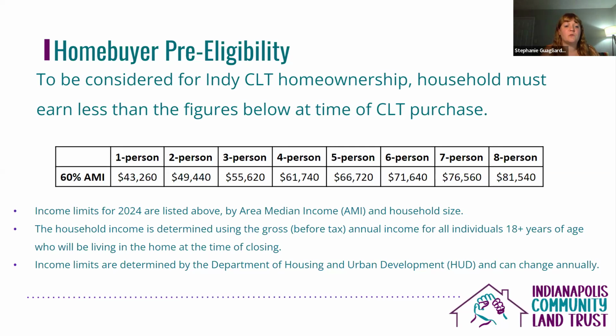We're focusing our resources for households under 60% area median income because those are the most housing cost burdened and left out of the traditional market and most affordable homeownership opportunities. Good news: once the CLT homeowner closes on the house, they don't have to stay at or below this income requirement. There's not an annual income certification.